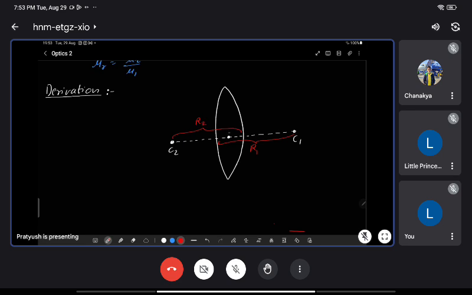Okay, and this is our center O. Got it? Radius of curvature we are taking different. Rays of light are coming from this direction. Let us say that our object is kept somewhere here. This is our object, and the rays of light will be coming from this.